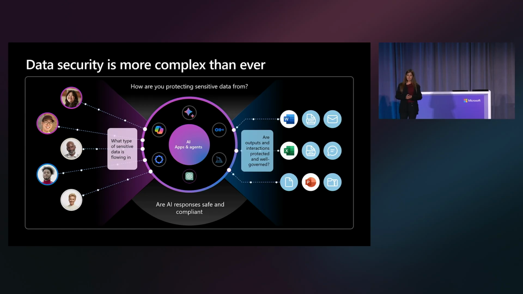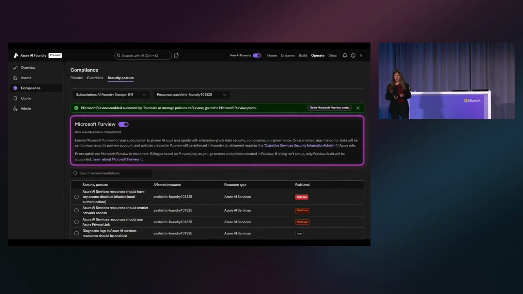The second is, who has access to these apps and what permissions do they have? And thirdly, what type of sensitive data is flowing into these apps and agents? What about the responses: are those responses protected and governed, and are they safe and compliant? So I'll bring you back to this screen that Peter showed earlier.